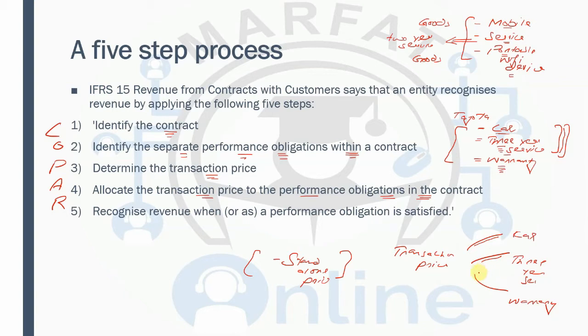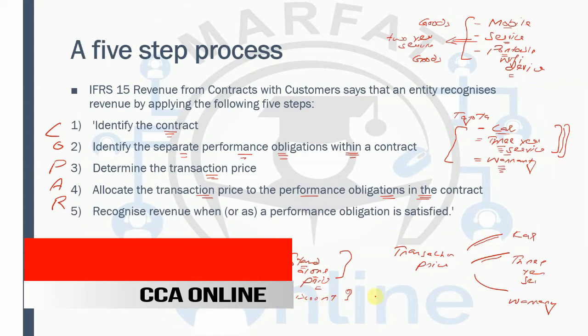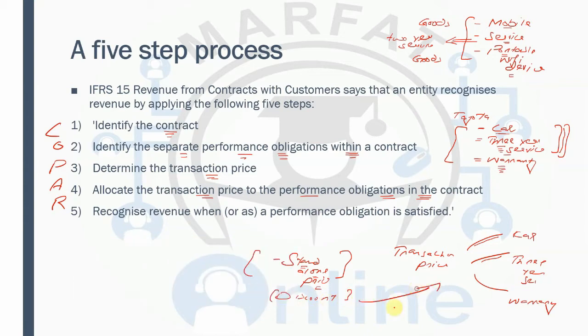What would be the cost of that service? So based on the standalone prices, we are going to allocate the transaction price. And if there is any discount on the bundle, that means overall, that will be applied to all the performance obligations in the contract.